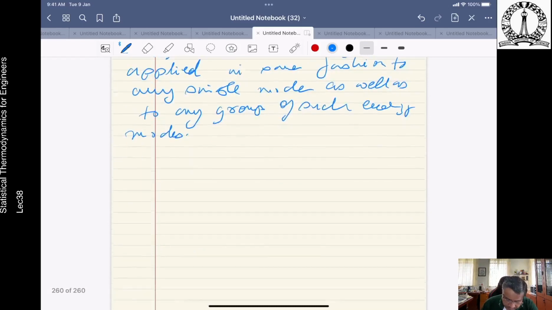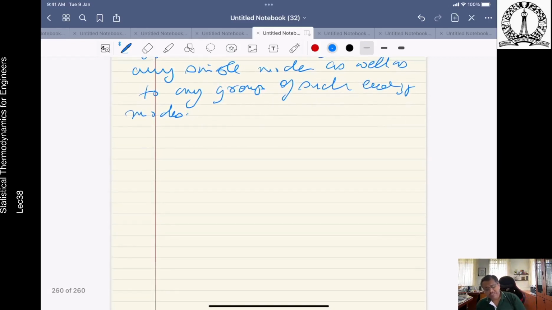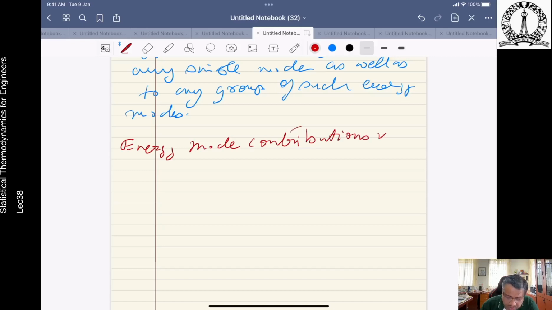Now the stage is set: we know how to calculate the probabilities and how to calculate the properties, because properties always depend on the partition function, more specifically on the natural logarithm of the partition function. So now we come to the chapter on energy mode contributions in classical mechanics.